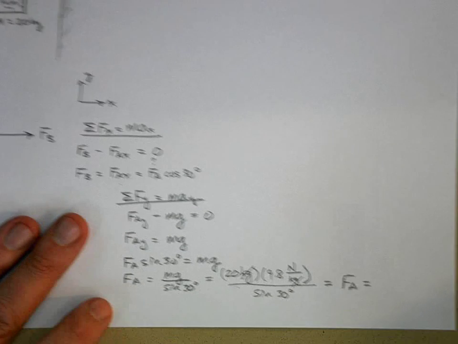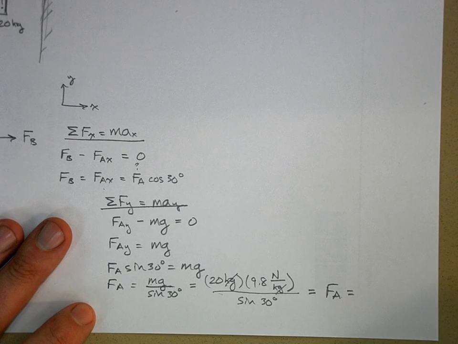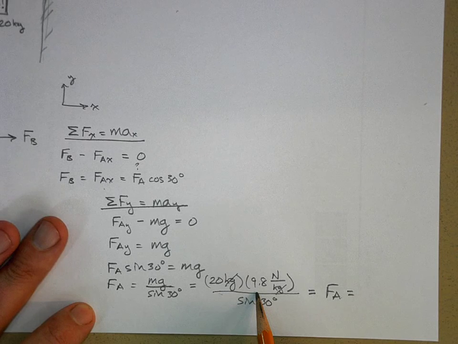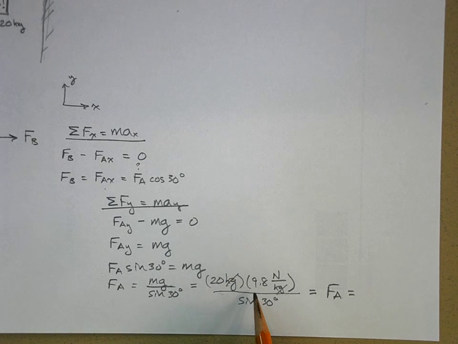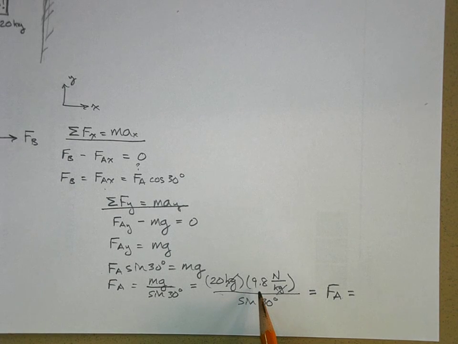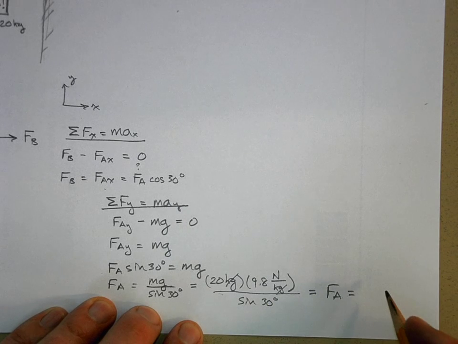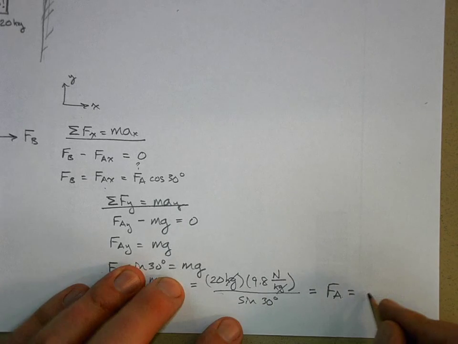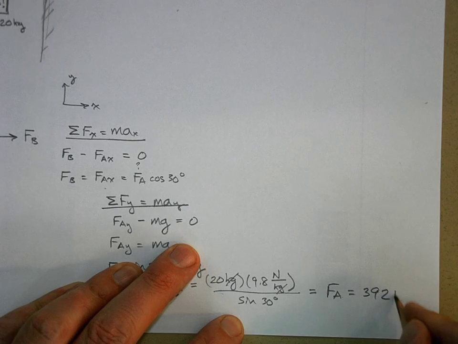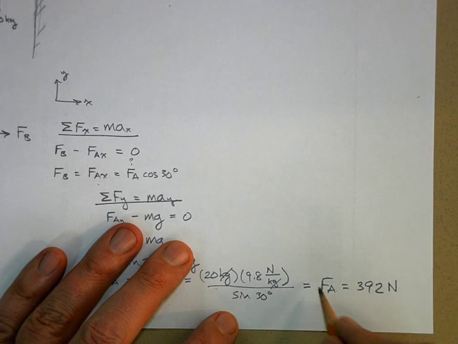What is FA? 20 times 9.8 is 196. Oh yeah, that's right. 196 divided by 1/2 is a little under 400, right? Yeah, 392. I was trying to do it in my head here, but that's one of my answers.